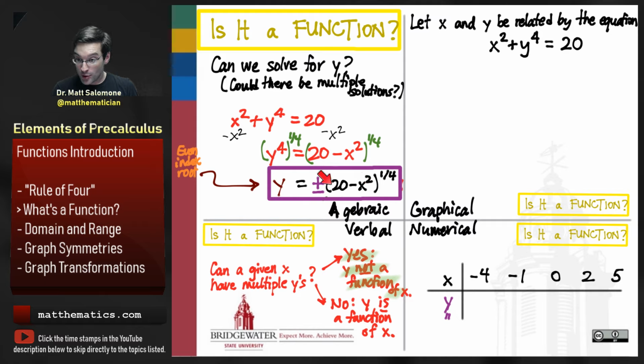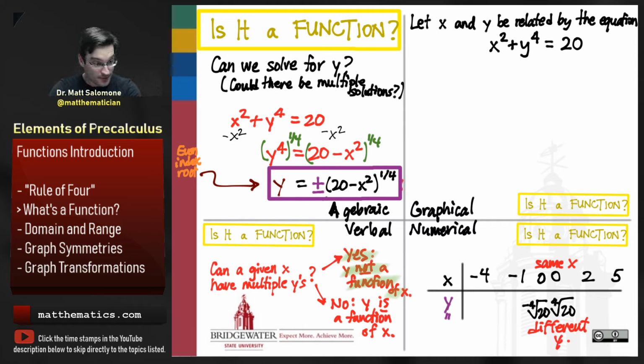I'm going to get the fourth root of 20, but I'm going to get both the positive fourth root of 20 and the negative fourth root of 20. Fourth root of 20 and minus the fourth root of 20. Same value of x, two different values of y. And that is the no-no, right? That is what it looks like when y is not a function of x.